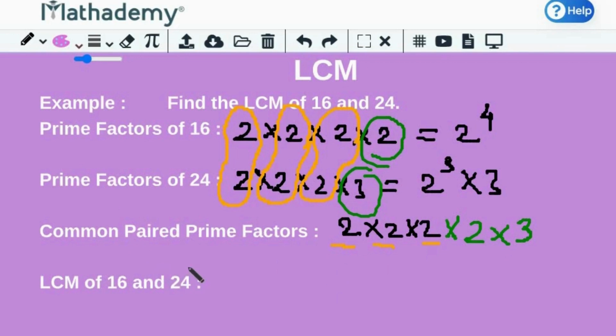So basically what we're doing here is considering the doublet 2 multiplied by 2, writing it only one time, writing the remaining prime factors 2 and 3, and finally multiplying them together. Therefore, the LCM of 16 and 24 is 48.